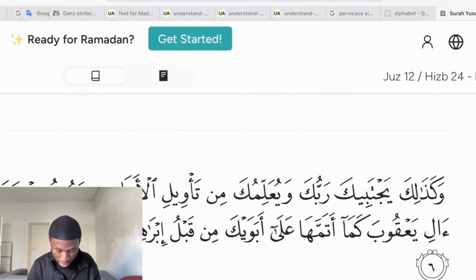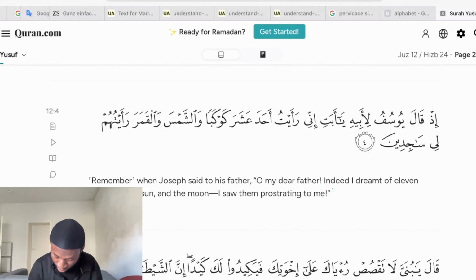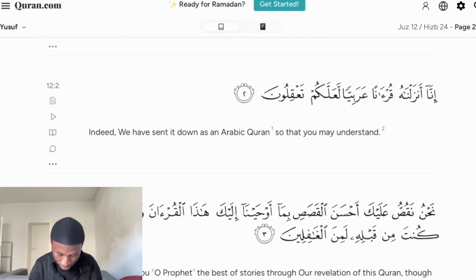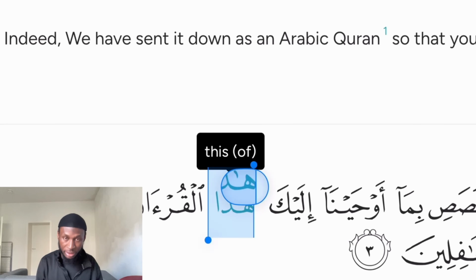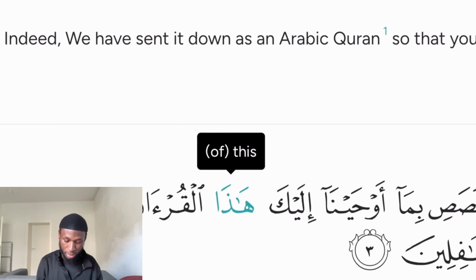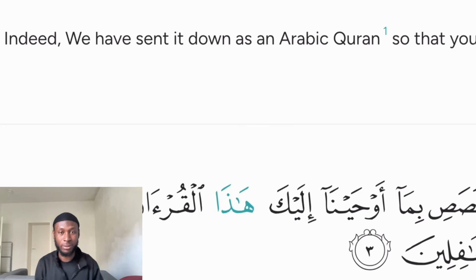So here, I think it was in verse 3. Okay, here we have it. I hope you can see it. You see here, it is هذا. At the beginning, this is how ha is written.